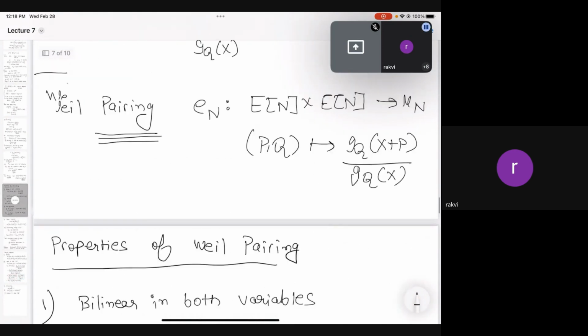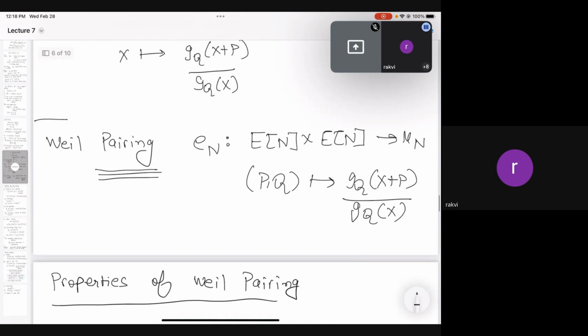The equivalence between E and G, I'm assuming you're asking what's the connection. It is given in detail in the book, and we also discussed it in the last class. The Weil pairing is simply this: En takes two torsion points, P and Q, and the output is a root of unity. This root of unity is the ratio G_Q of x plus P divided by G_Q of x. How do we construct G and F? We already discussed that last class, and I gave a very quick recap.